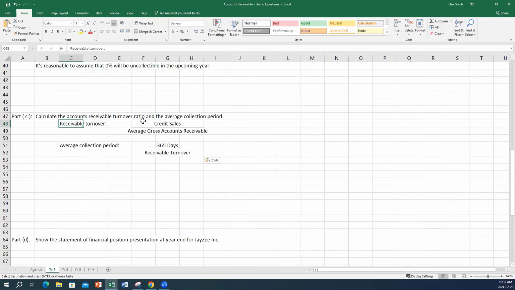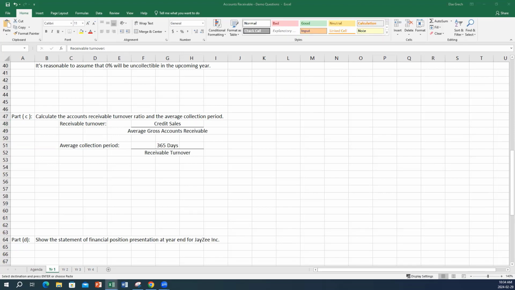So credit sales are all the sales you sold on credit, and the average gross accounts receivable is equal to the opening accounts receivable plus the closing accounts receivable, all divided by 2. Now, keep in mind, this is gross accounts receivable, and gross accounts receivable are before the allowance for credit losses.